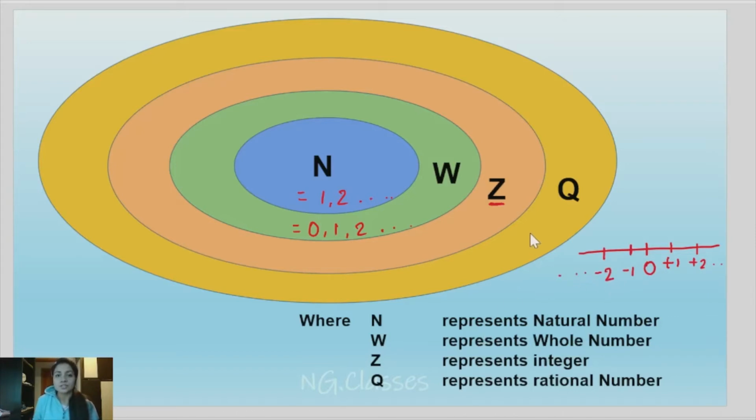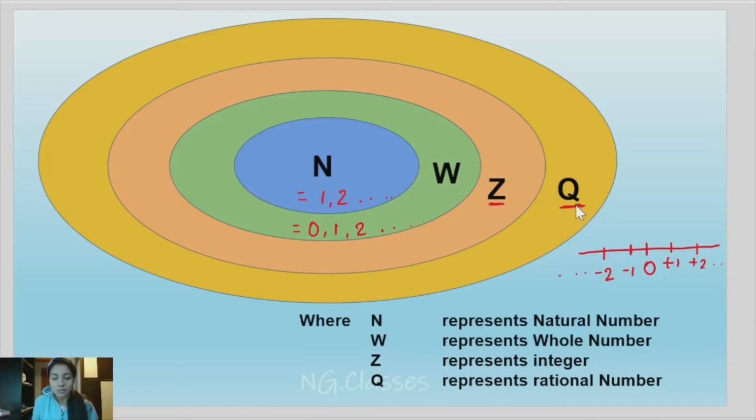So integers are all the numbers with positive and negative sign, as well as 0 is also an integer. Okay, so here you can see clearly that integers will include natural numbers as well as whole numbers, which is true, right?